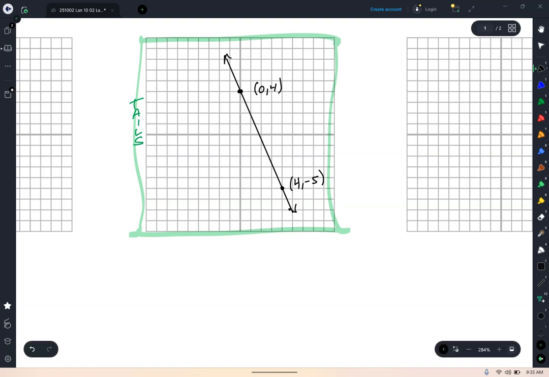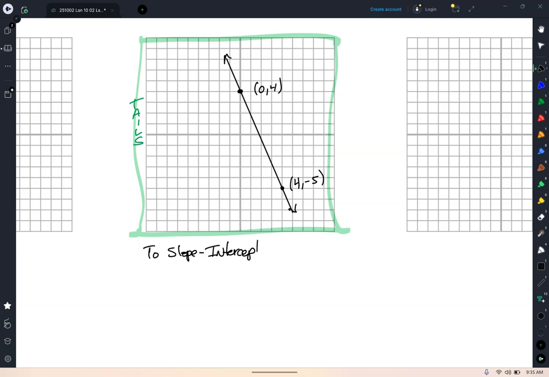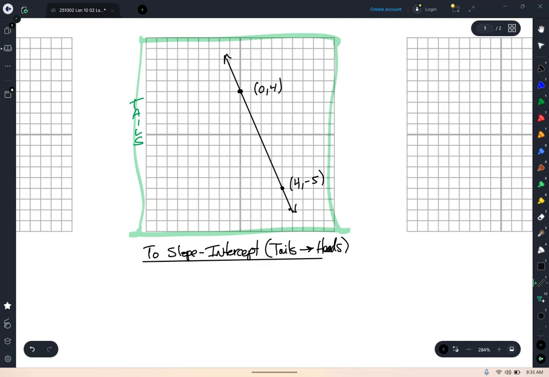So let's talk about how we're going to do that. So to slope-intercept, and again, this is going to be tails to heads. We're going to reverse this process.